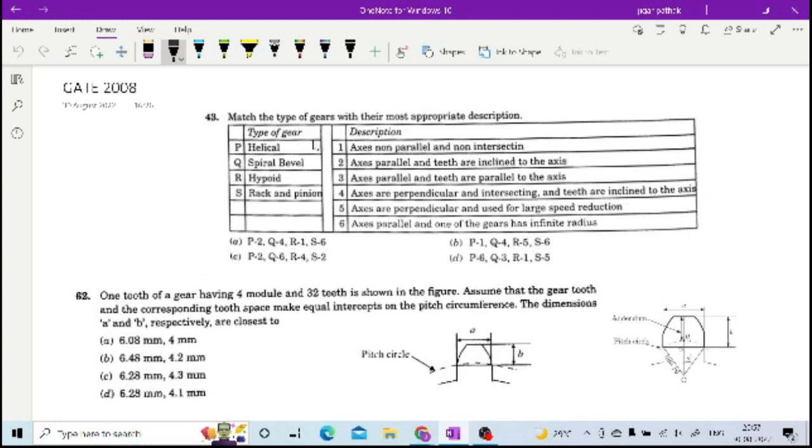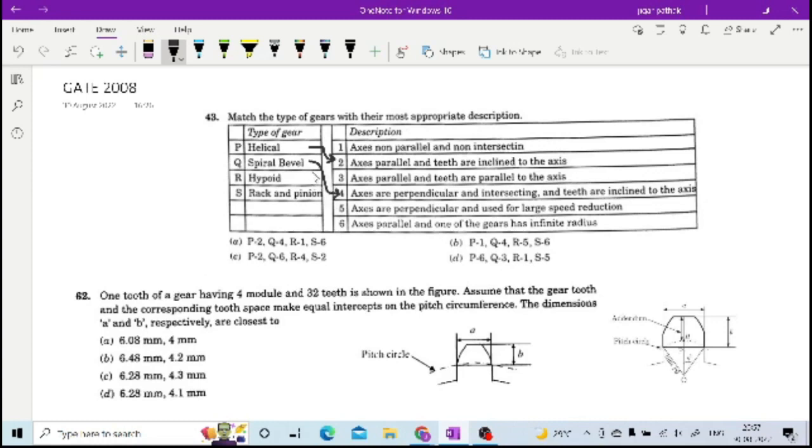So has anyone got the answer? P4. For helical it is axis parallel and teeth are inclined to the axis, right? For spiral bevel, axes are perpendicular, right, and intersecting, and teeth are inclined.